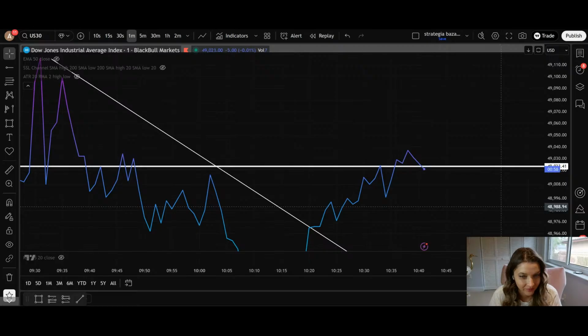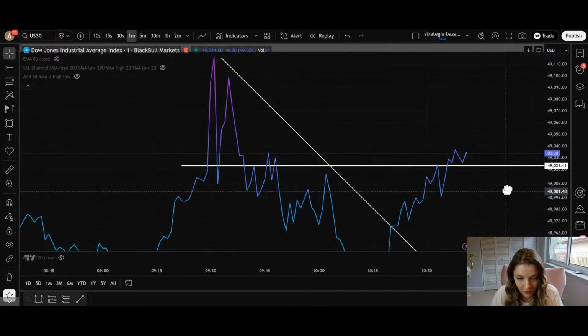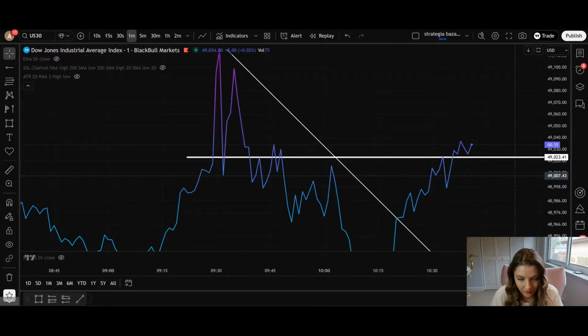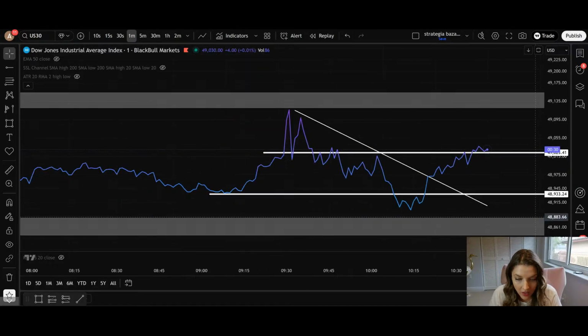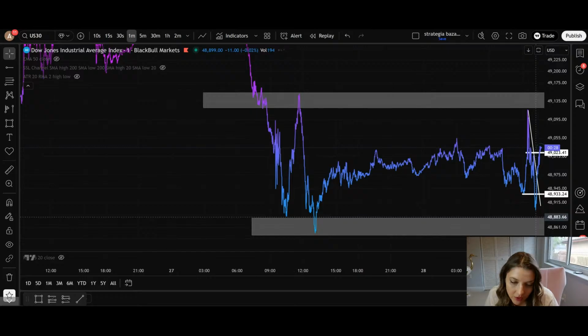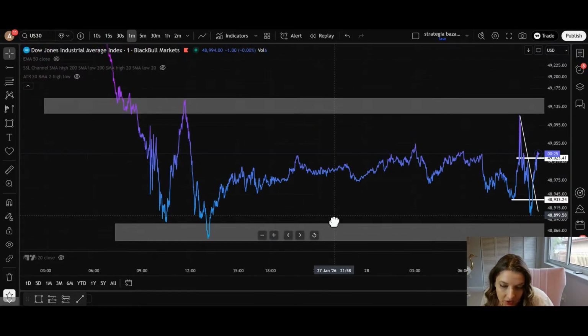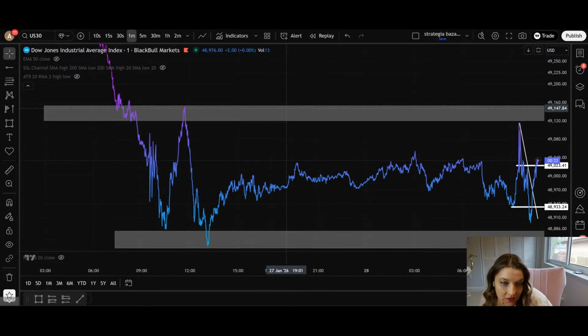Hmm? To check the resistance and support. So when you draw your support resistance, you use the line.